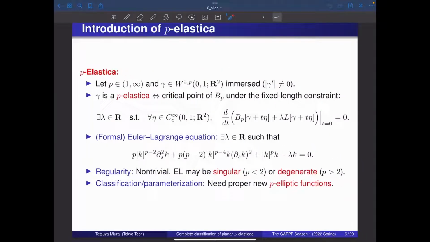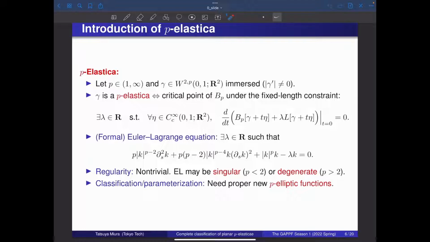Okay, so now I give a rigorous definition of the planar p-elastica. Let p be any exponent between 1 and infinity, and gamma be a planar immersed curve of the Sobolev W^{2,p} class.